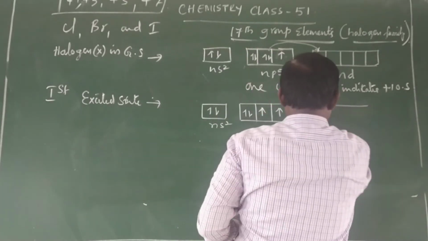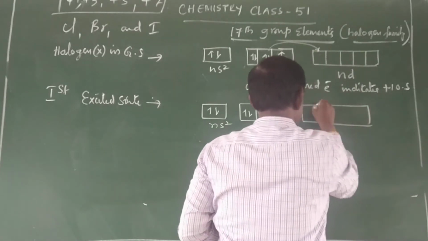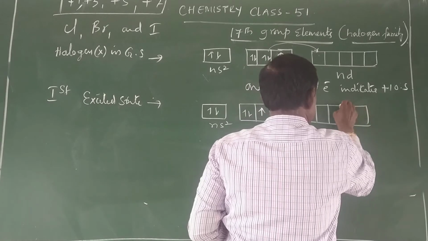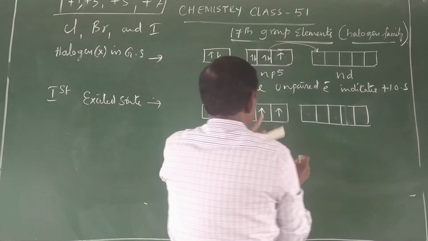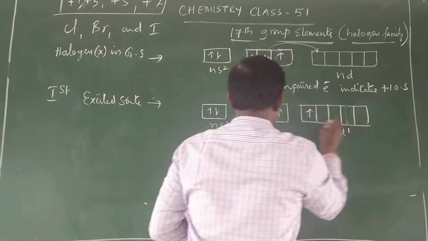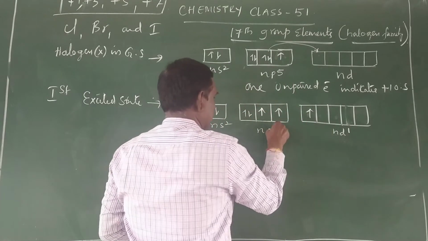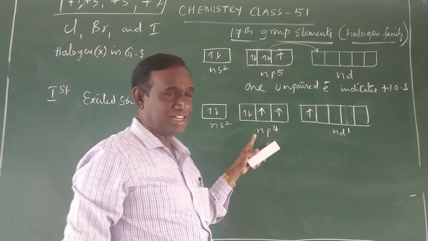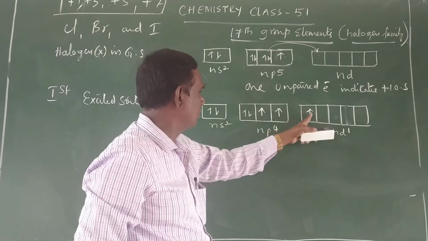And in this nd orbital, what happens? You see 1, 2, 3, 4 and 5. So that means one electron jumps from this level to this level, so it becomes np4, 2 plus 2, 4. So here you see how many unpaired electrons? In all these 3: 1, 2, 3.